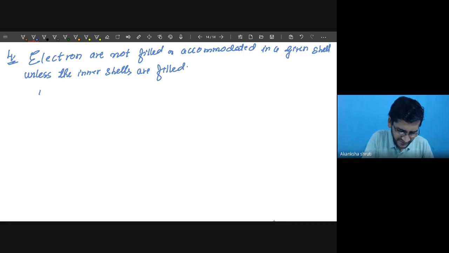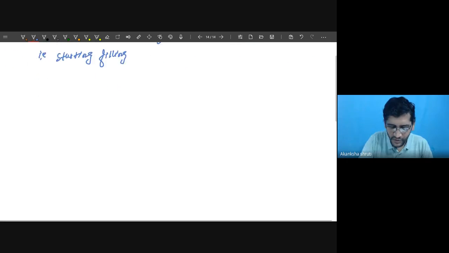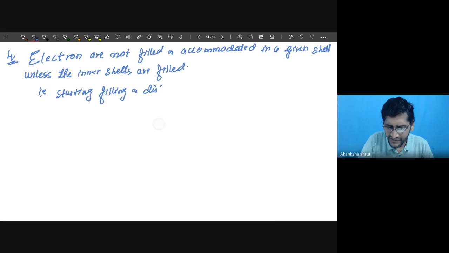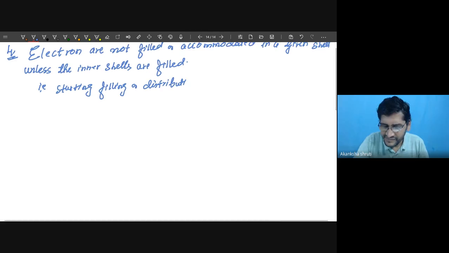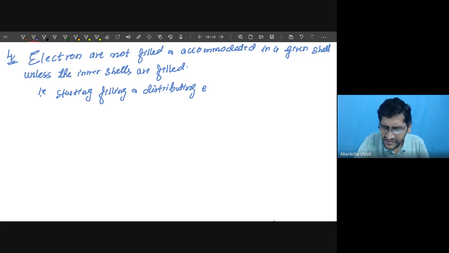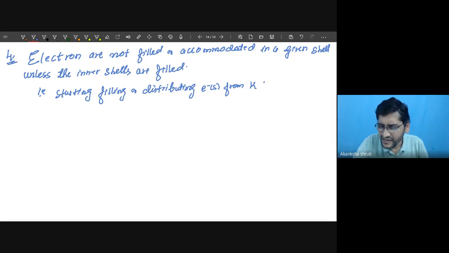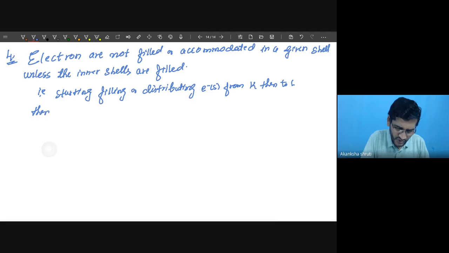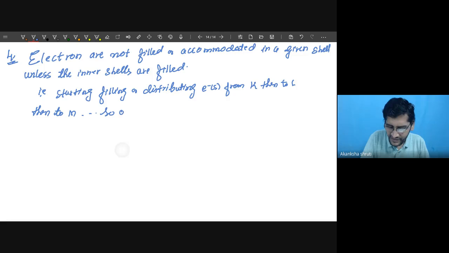That is, start filling or distributing, which mean the same thing, electrons from K then to L then to M, and so on. Okay, student, these are the rules that need to be followed.